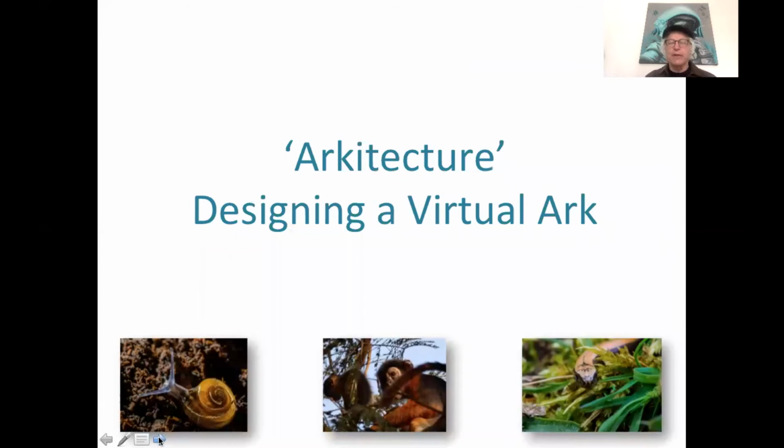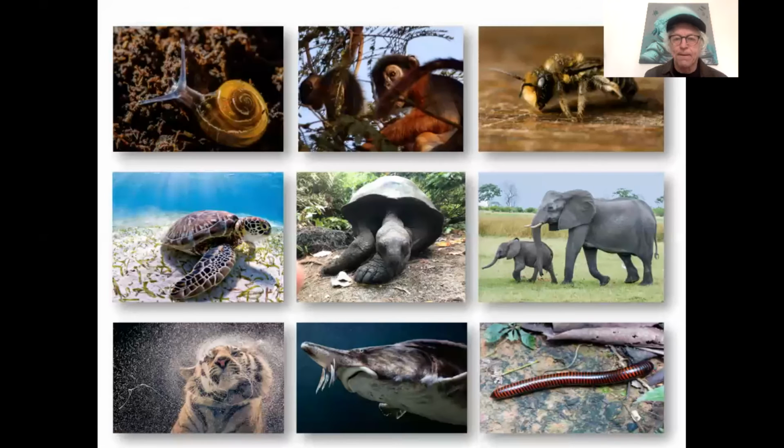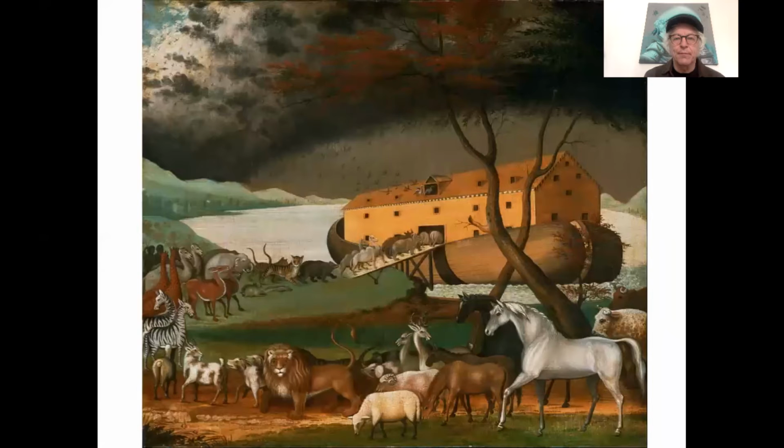Okay, let's get down to designing a virtual ark. This is a place where we'll be creating habitats, places for our endangered animals to live. As I say, maybe not necessarily a boat, but a boat might be a good place to start.